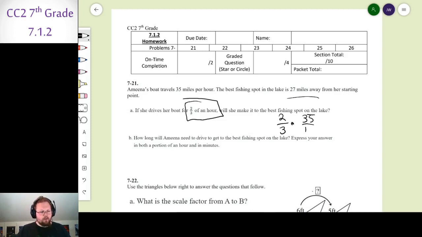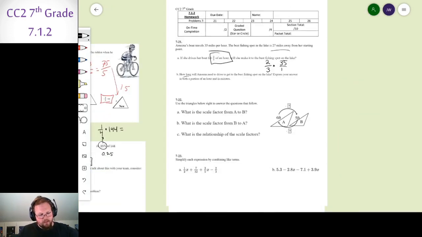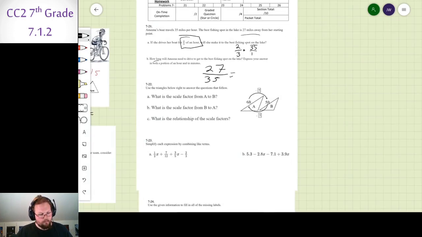If you want to know how long it's going to take her to get there, that's going to be a little bit more challenging. But the easiest way to do it is if she has to go 27 miles to get to the spot, out of the 35 miles that her boat goes, that's a fraction of an hour that you can just deal with. You can leave it like that.